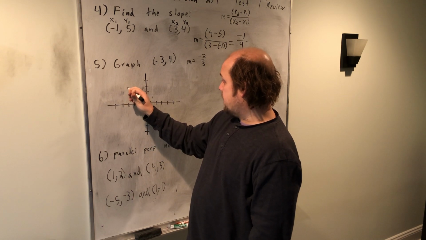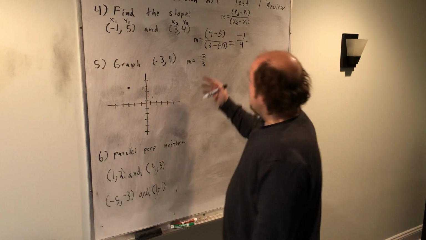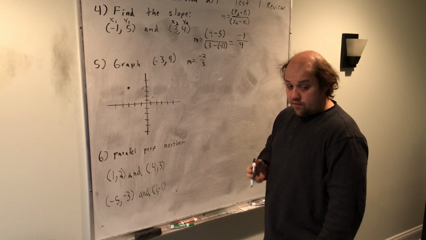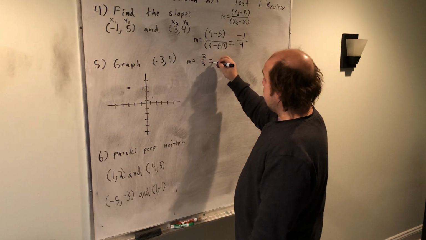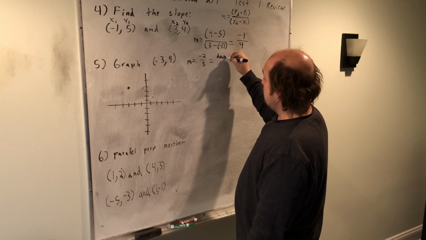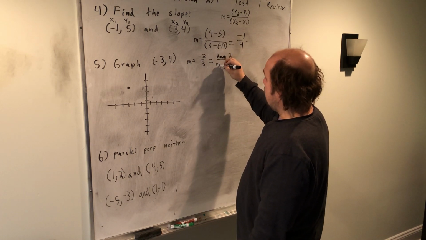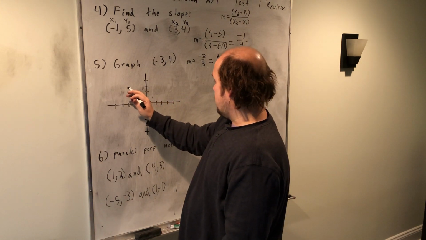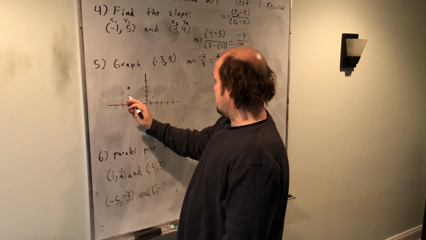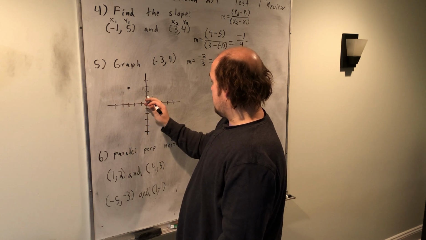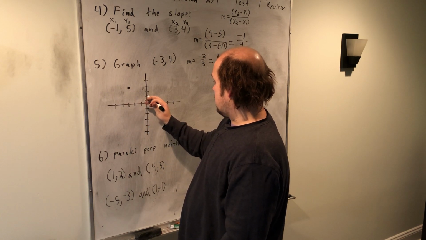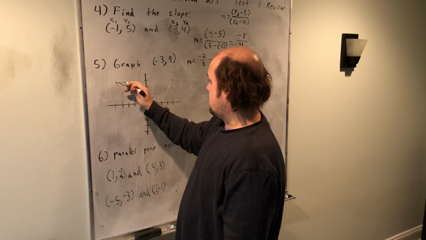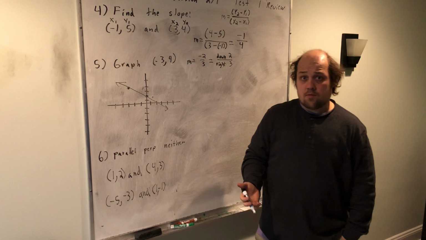So let's say it's about there. A slope of -2 over 3, I need to read as rise over run. What this really means is down 2, right 3. So from this point, I'm going to go down 2, and then I'm going to go right 3. This would be the graph that I want to draw.